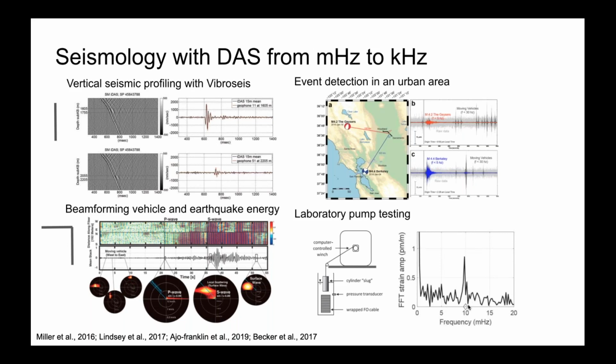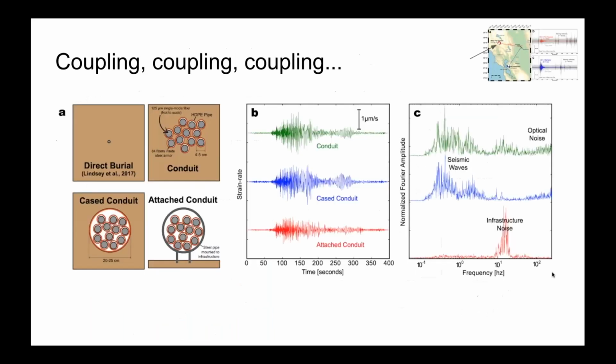But there's also been long period response down at the millihertz range inside the lab, by varying the pressure that the fiber optic cable is exposed to at a cyclical frequency. We can actually see a response of the cable. Many of these different applications in the early years of DAS have asked the question: what is the instrument response function of the DAS?